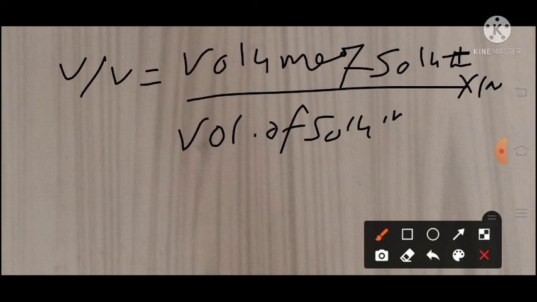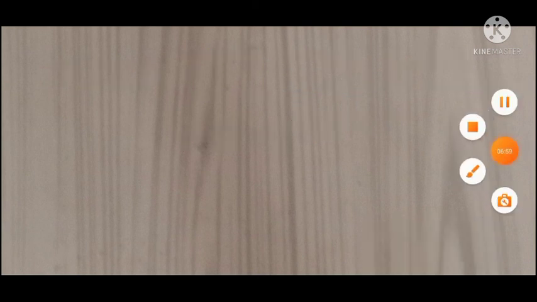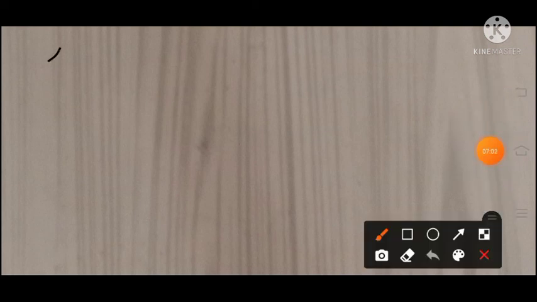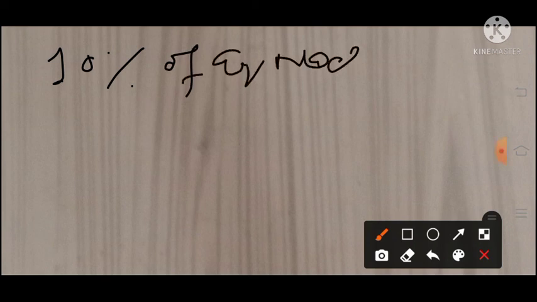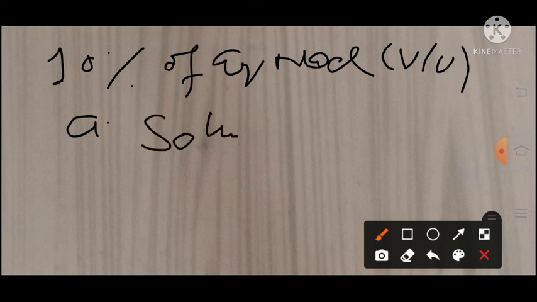For example, what is the meaning of 10% aqueous solution of sodium chloride V by V, that is volume by volume? It means that 10 ml of solute is present in 100 ml of solution.